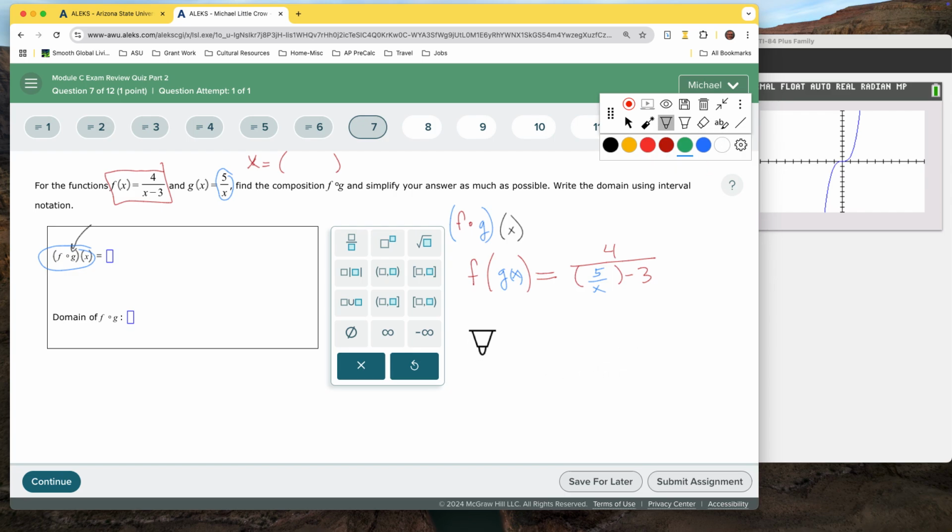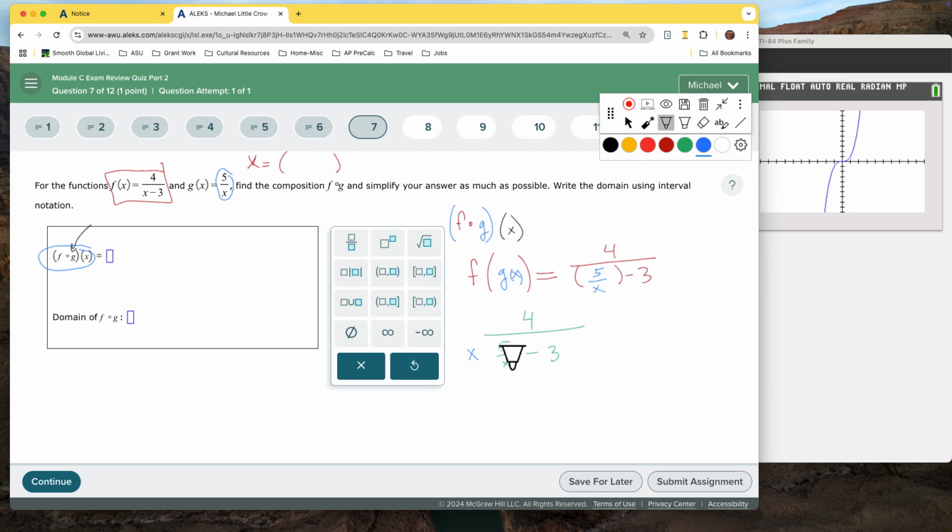Let's go with this. So F composite G. What are we working with? 4 over 5 over X minus 3. So what we're going to do is, to get rid of the fraction in the denominator, we will multiply the denominator by X. And so we will think of it as the denominator having a parenthesis.